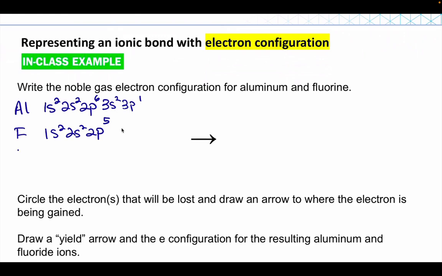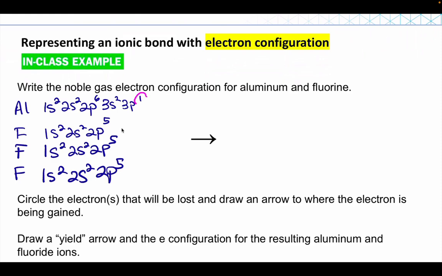So I'm going to need to get rid of all 3 electrons, and each fluorine wants to gain 1. So I do have to draw more fluorines. I'm going to pick a different color. This p electron might go there. Now that fluorine is 1s2, 2s2, 2p6. One of the electrons is going to go to each of the other fluorines.